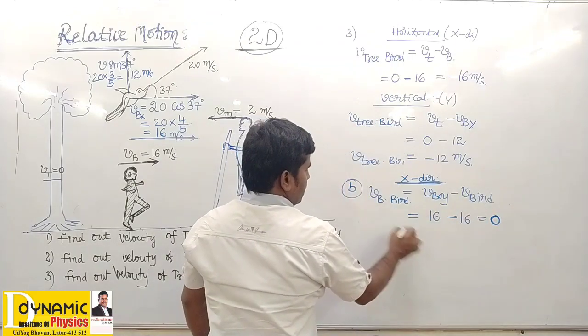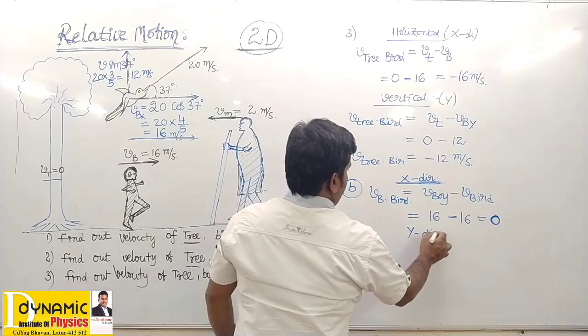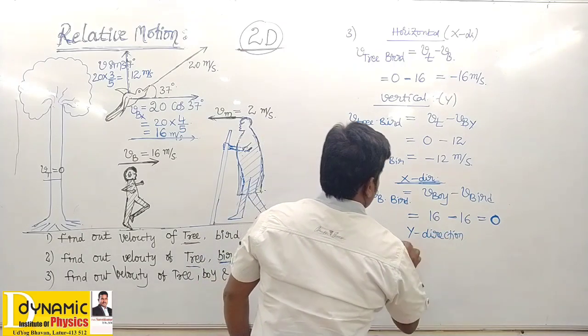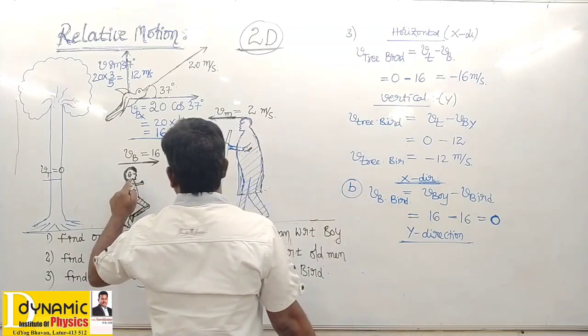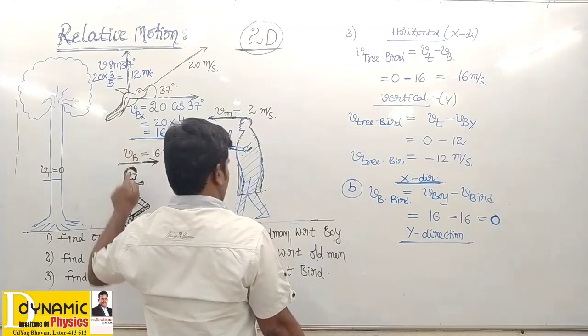And the y direction means the vertical direction. The boy's velocity in the vertical direction is 0, so it is the velocity of the boy minus the velocity of the bird in the y direction. The boy moves only in the horizontal direction, so his vertical velocity is 0.